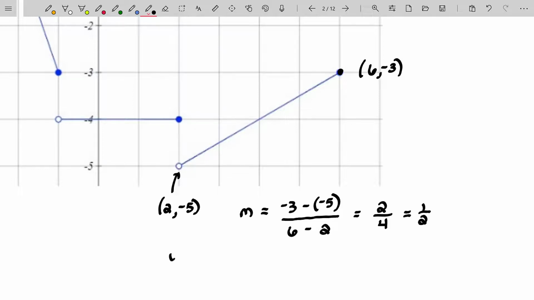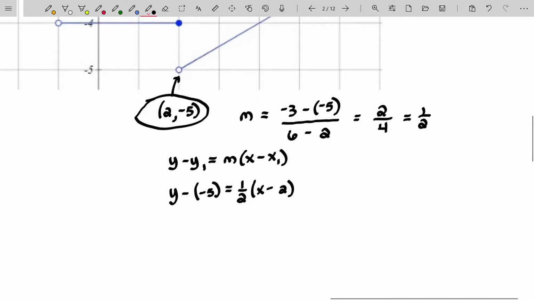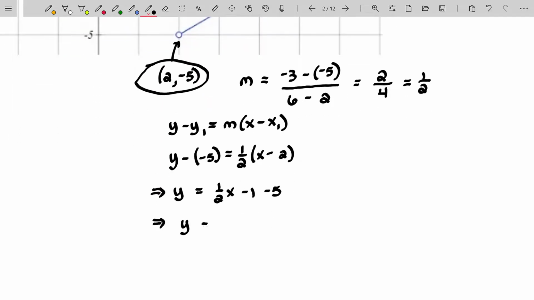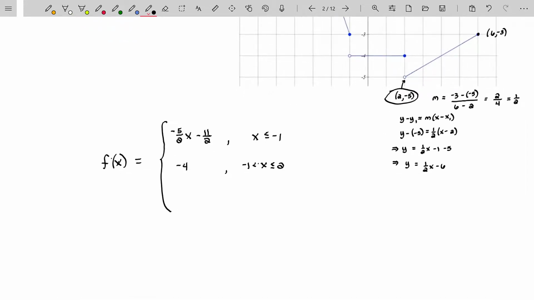And now using point slope form and using either of those 2 points as our x1, y1, it doesn't actually matter. I'll go ahead and use this point as our point x1, y1. We get the following, and solving for y, we get y equals 1/2 x minus 6. And that actually completes our entire piecewise defined function.